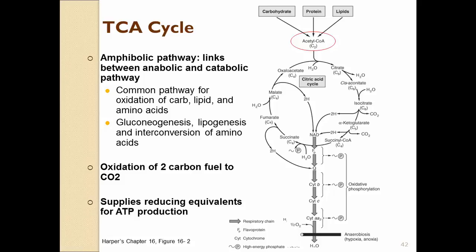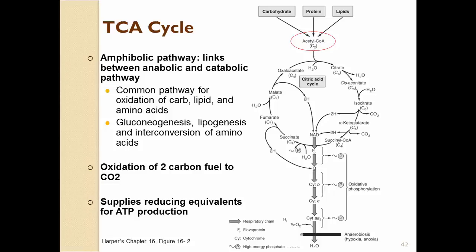TCA cycle. I think this is actually a very nice diagram to show you, you can connect all three macronutrients in terms of energy metabolism. Acetyl-CoA, again, is an essential molecule, right, produced from metabolism of carbohydrate, protein, and lipids. And this is the key molecule that can enter the TCA cycle, right, and produce ATP and also reducing equivalents like NADH or FADH2 produced from the TCA cycle.